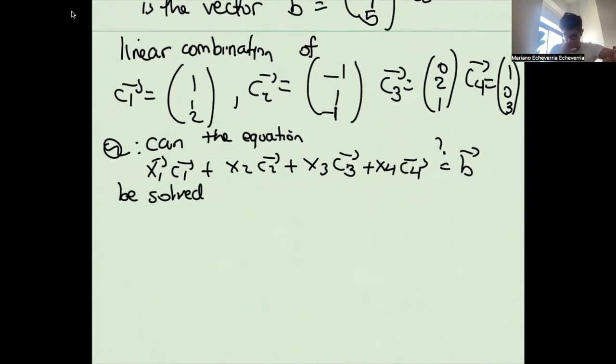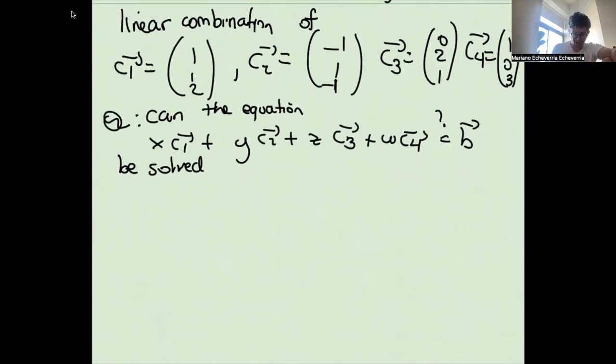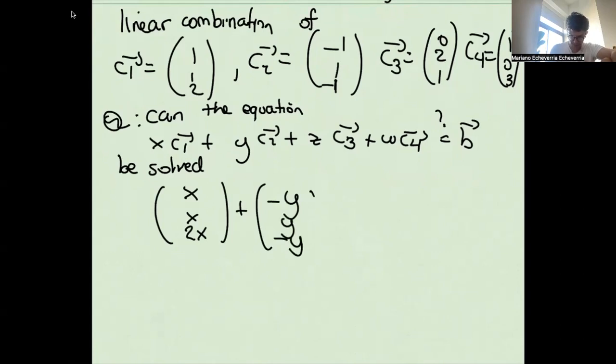Since we're talking about 4 vectors, you can call the scalars x, y, z, w to make it more natural. So what is xc1? xc1 is x, x, 2x. What is yc2? yc2 is minus y, y, minus y.